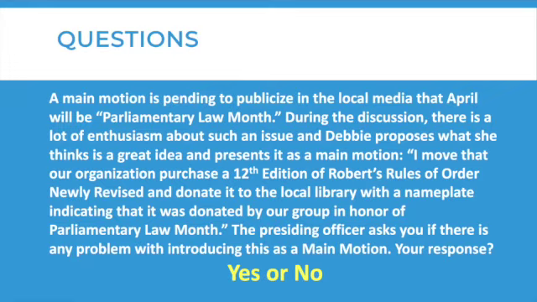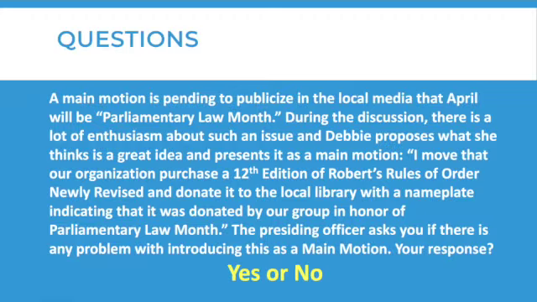I move that our organization purchase a 12th edition of Robert's Rules of Order, newly revised, and donate it to the local library with a nameplate indicating that it was donated by our group in honor of Parliamentary Law Month. The presiding officer asks you if there's any problem with introducing this as a main motion.